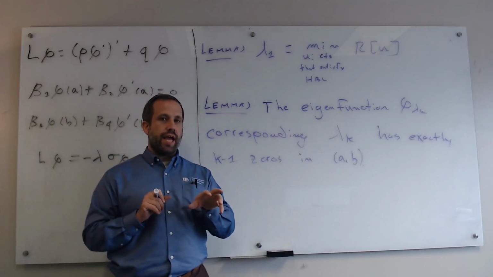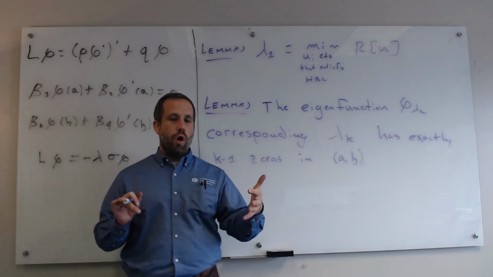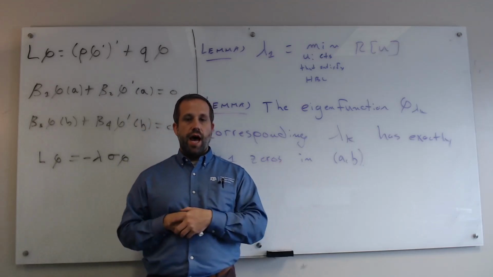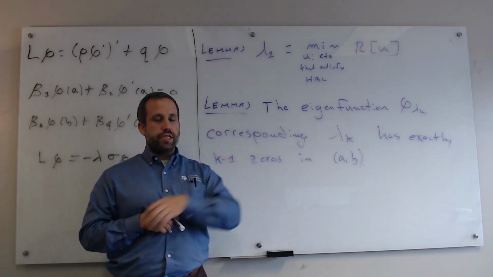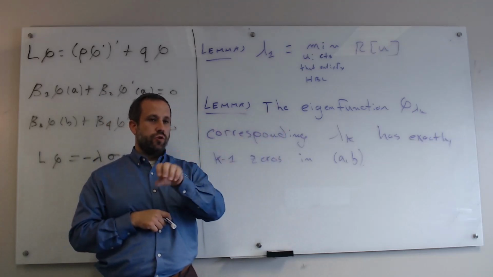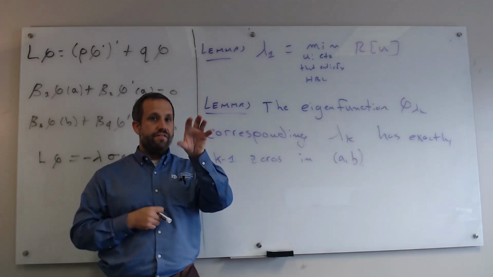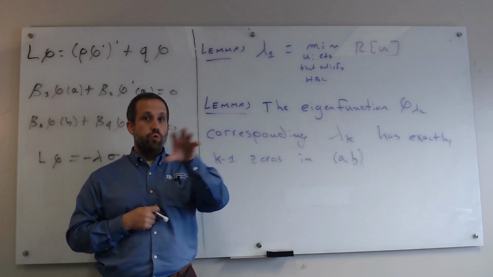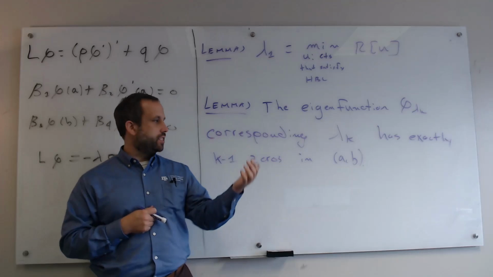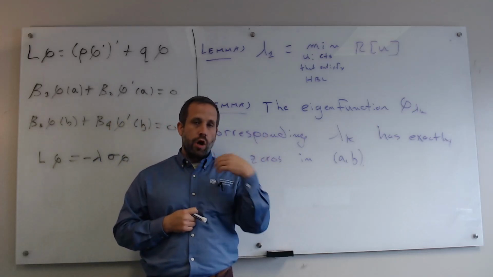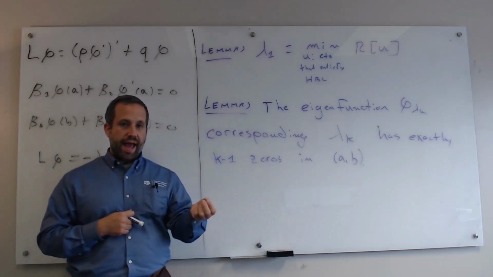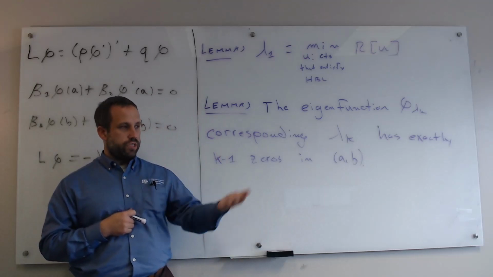So the smallest eigenvalue in that case, lambda 1, is equal to 0. The corresponding eigenfunction is just the constant function. So that's the first eigenfunction. So there the k is 1. So k minus 1 is 0, and there are 0 zeros for the constant function 1. Then we go to cosine pi x, and there's 1 zero, which is consistent.